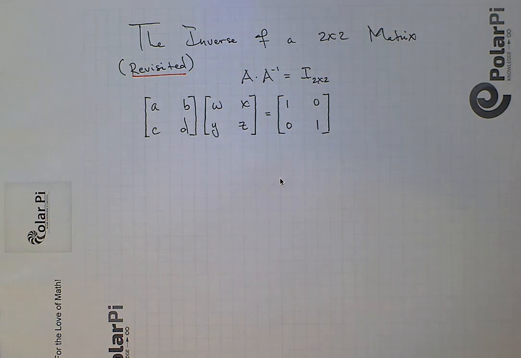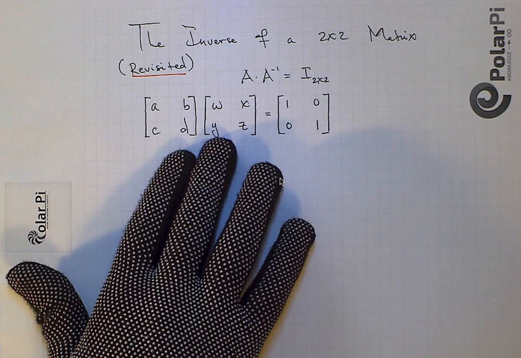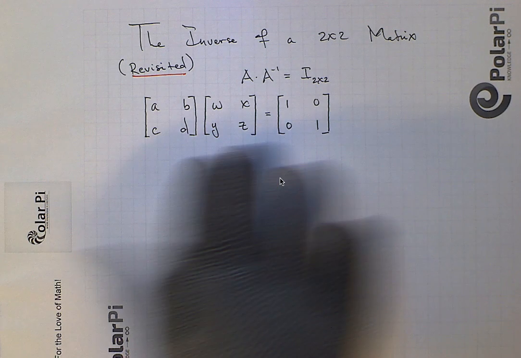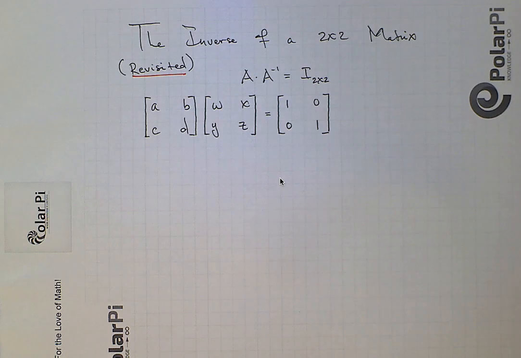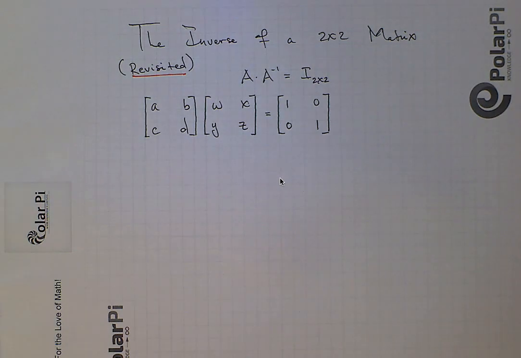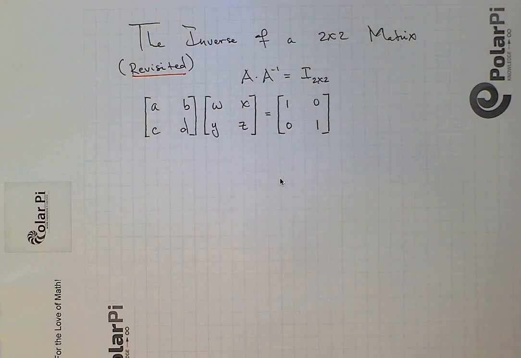And what we're going to do is perform the matrix multiplication on the left side and then set the entries of the result to equal the entries of the identity, because that's what this equation says, and then use those relationships to solve for W, X, Y, and Z in terms of A, B, C, and D.